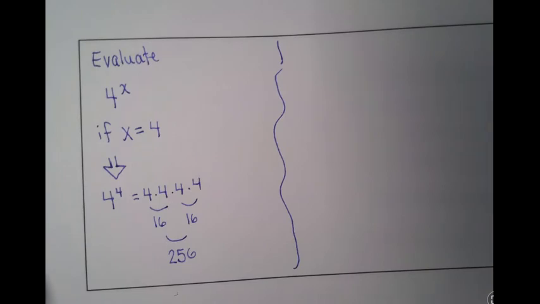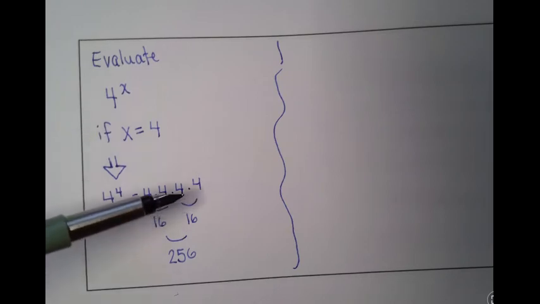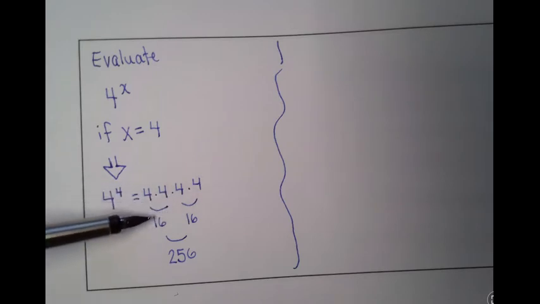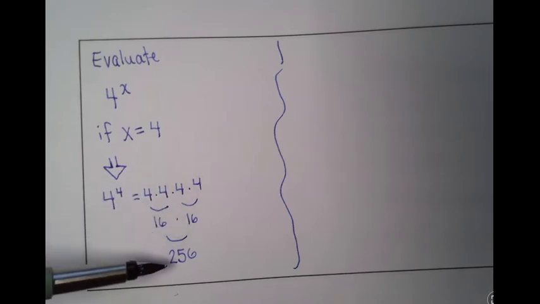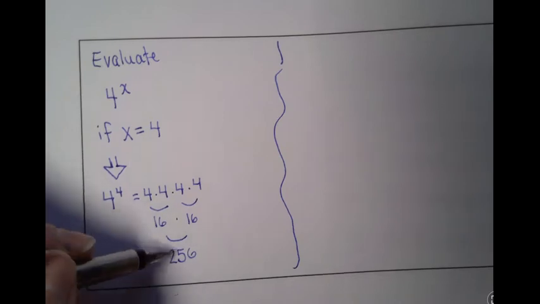So checking the answer on this one, if I replace the x with 4, I get 4 to the fourth power, which is 4 times 4 times 4 times 4. I can group together these 4s and make it 16 times 16, which is 256.